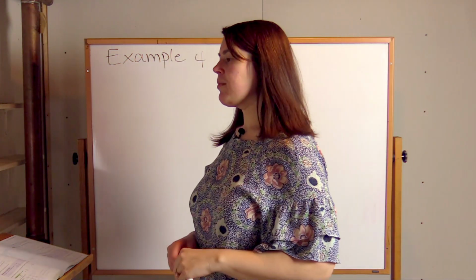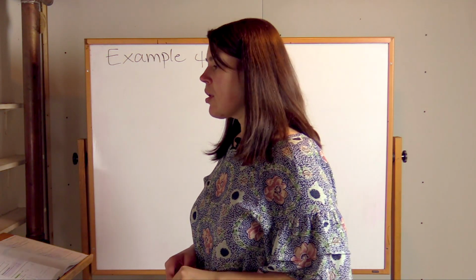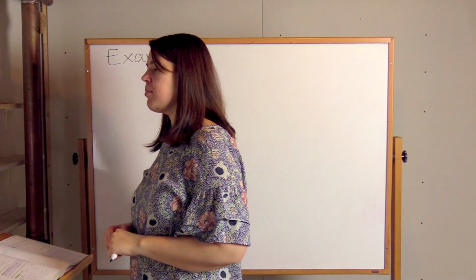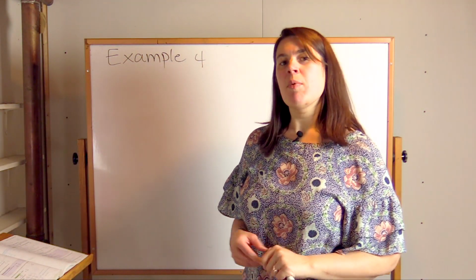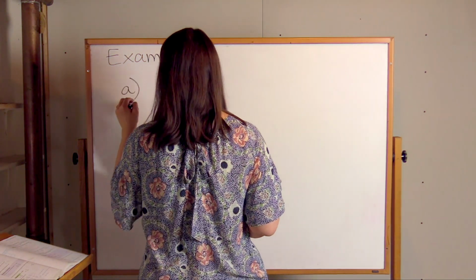Okay, simplifying radicals containing variables also uses the product rule. So what we're going to be doing here is simplifying, assuming that all variables represent positive numbers. So we're doing what we just did, but now we have variables.